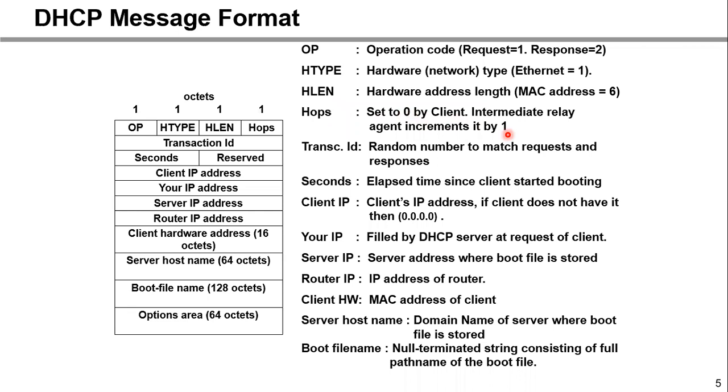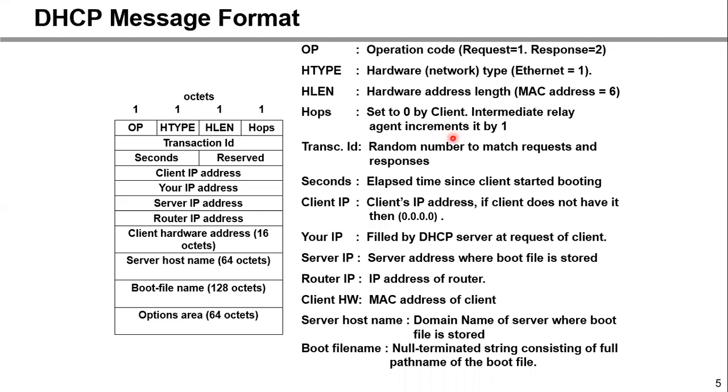For example, I'm sitting in the city Pune, and I'm working in a company called XYZ. My XYZ headquarter is in Delhi, and the DHCP server is also in Delhi, but obviously it is not in the same network.